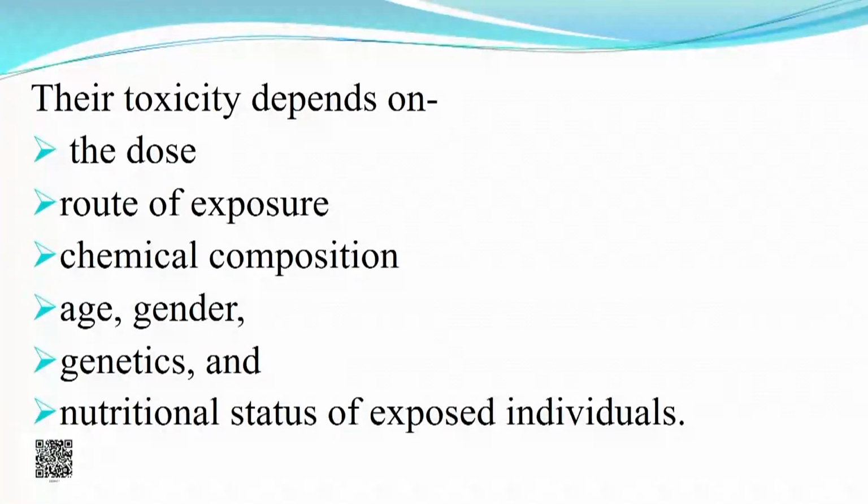These metals have led to their wide distribution in the environment, raising concern over their potential effects on human health and the environment. So toxicity of heavy metals depends on the dose, route of exposure, chemical composition, age, gender, genetics and nutritional status of the exposed individual.